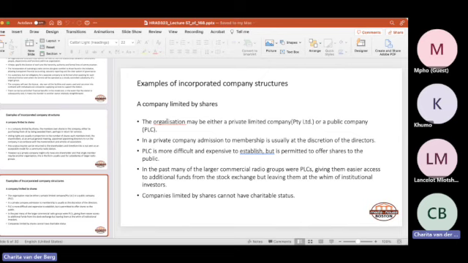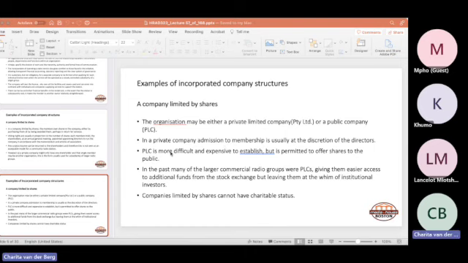So a company that's limited by shares may either be a private limited company, so PTY Limited, or a public company. The ones in South Africa are all private limited companies. In a private company, admission to membership is usually at the discretion of the directors. So it depends on them.